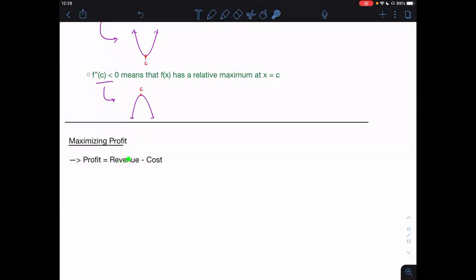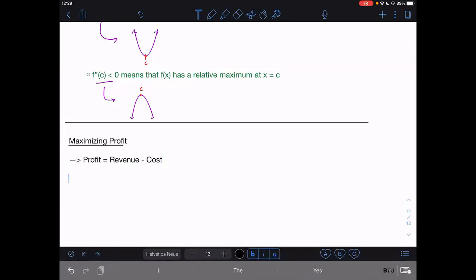Okay, let's focus here on the revenue real quick. Again, what the revenue represents is how much money we make from selling x amount of units at a certain price.